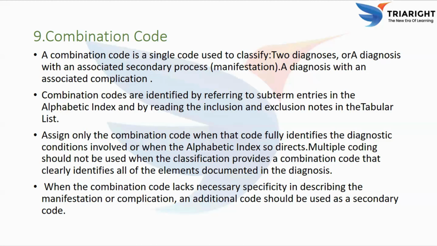If in case a single combination code is not present to include all the diseases given in the record, then you can use multiple codes. But if a combination code already includes them, you have to code only the combination code. You should not code the multiple codes. You have to use an additional code also whenever the combination code doesn't give full details about the complication. Okay. This is about the combination code convention.